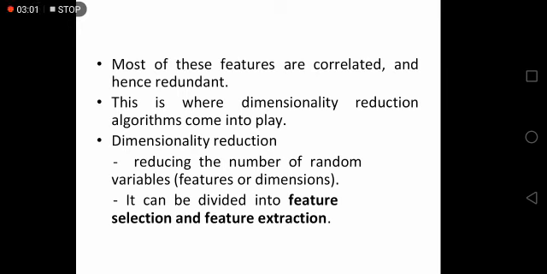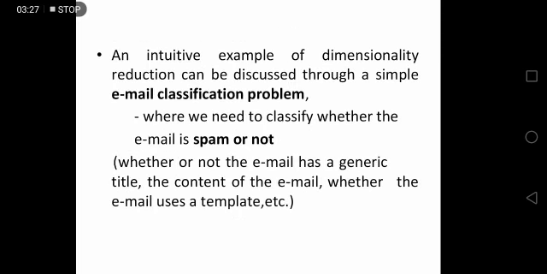This is where dimensionality reduction algorithms come into play. Dimensionality reduction is the process of reducing the number of random variables under consideration by obtaining a set of principal variables, that is the number of dimensions or number of features. It can be divided into feature selection and feature extraction.